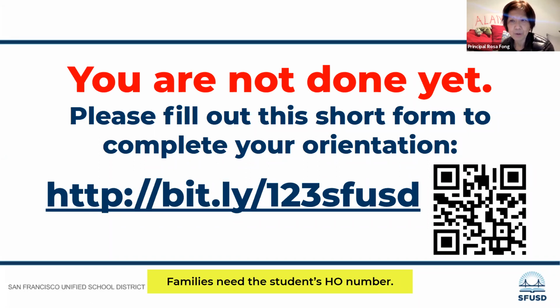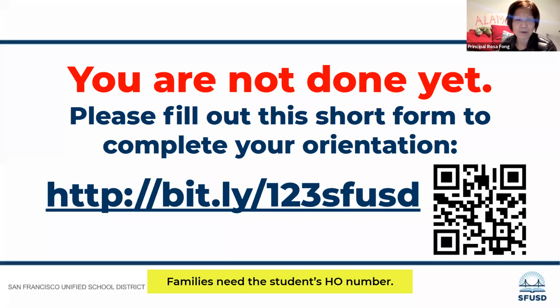If you have your cell phone, you can turn on the camera, focus on the QR code, and scan, and something will pop up. You click on that, and it's 3 very short questions: your child's name, your child's ID number.